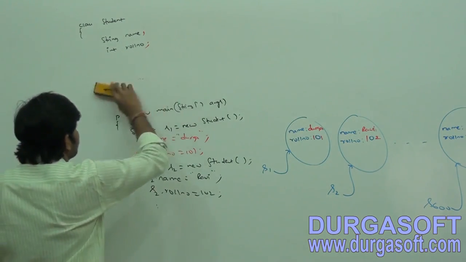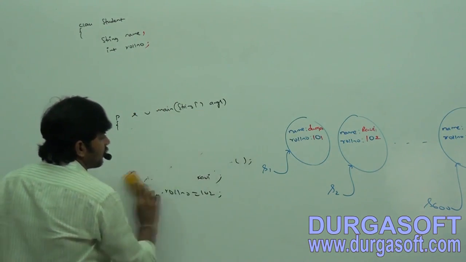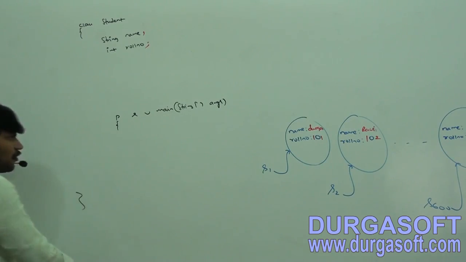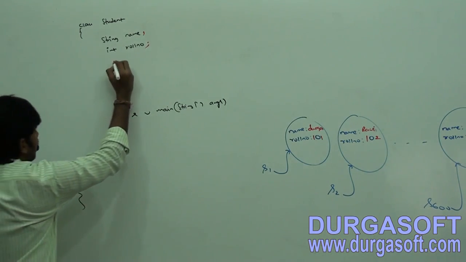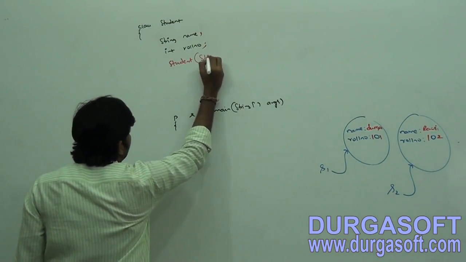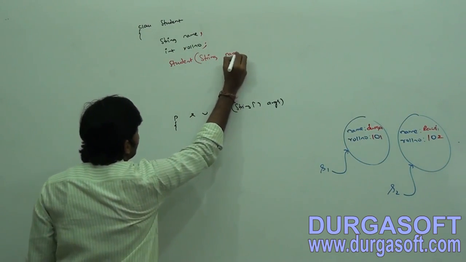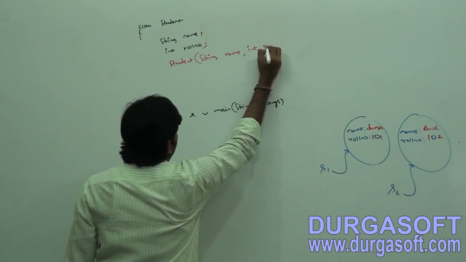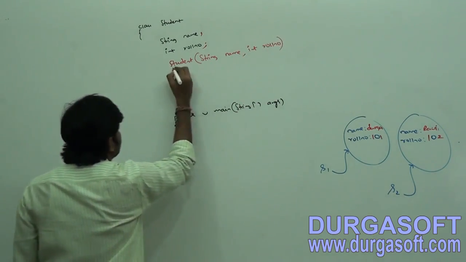Listen very carefully. Now I want to run the show with the constructor concept. Student, I am taking string name, comma, int roll number.